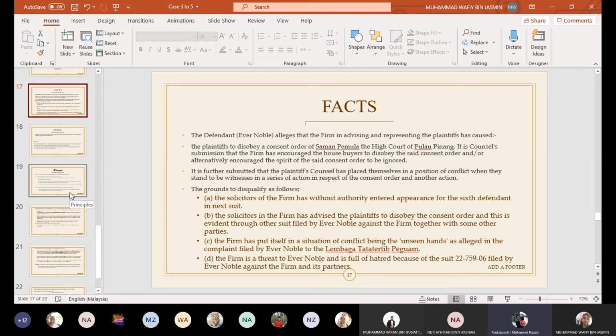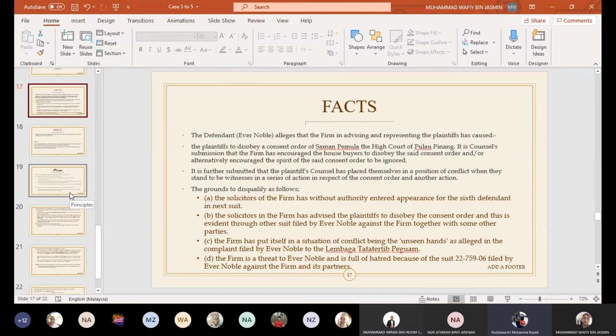Okay, macam case kalau lihat di sini, the case is very clear, quite apparent that the counsel has acted against the interest of his own client by trying to persuade the other party to set aside the consent order already achieved by the parties, right?